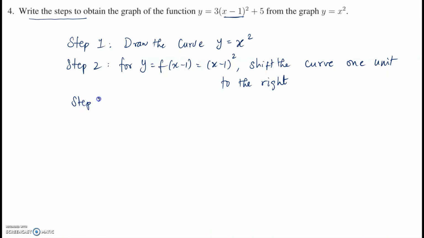Then step 3, now you have to redraw a new curve, because it's a compressed curve.